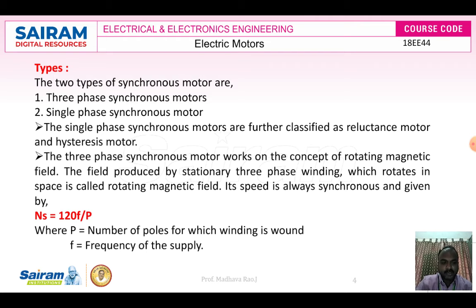Ns is equal to 120 F by P, where P is the number of poles for which the winding is wound, and F is the frequency of the supply. Synchronous speed is measured in revolutions per minute, RPM, or revolutions per second, RPS.